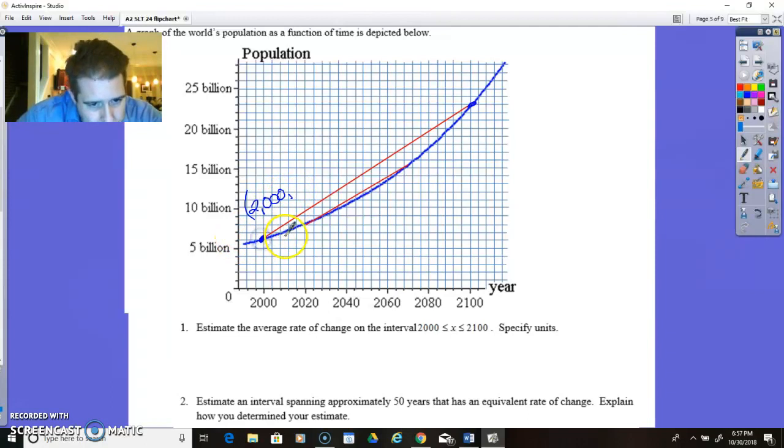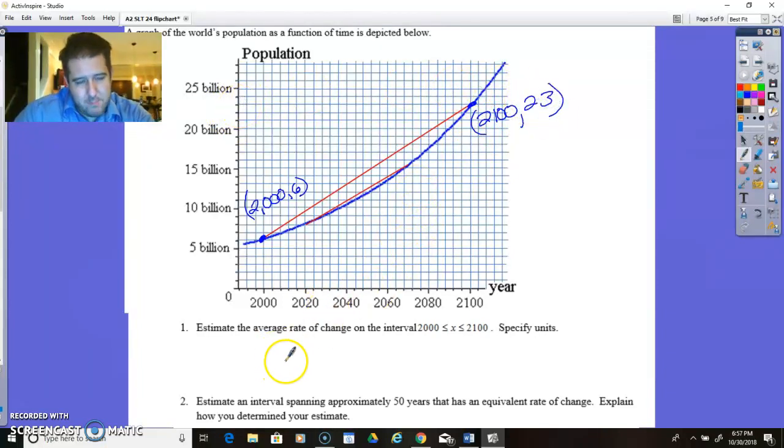Counting 5, 6, 7, 8, 9, 10, it's going by ones, so that makes it easy. Let's just say that's about 6. And over here at 2100, counting 20, 21, 22, 23, it's about 23.